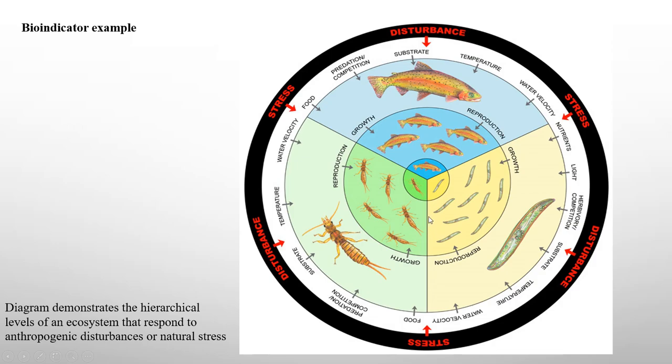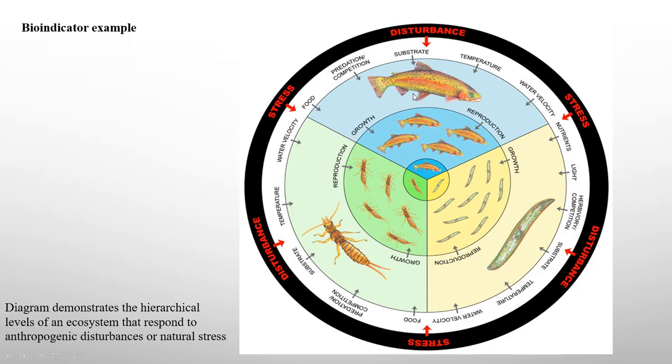in an increase or decrease of growth or reproduction of these organisms. Now those changes consequently impact the size and productivity of this population and the interaction of these species among each other.